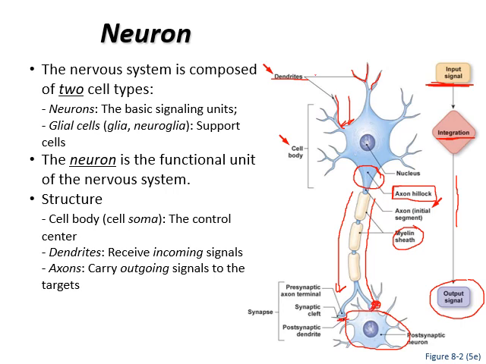This is not a junction, but they come in close proximity at the synaptic cleft. There is a small space between this neuron terminal and the dendrite or cell body of the other neuron. This is where the chemical signaling takes place, and we'll talk about that later in the lecture.